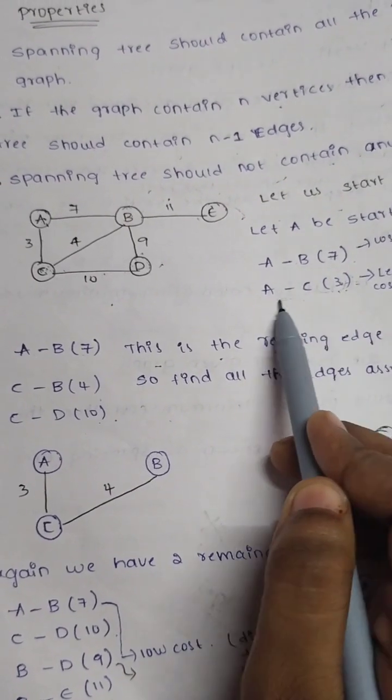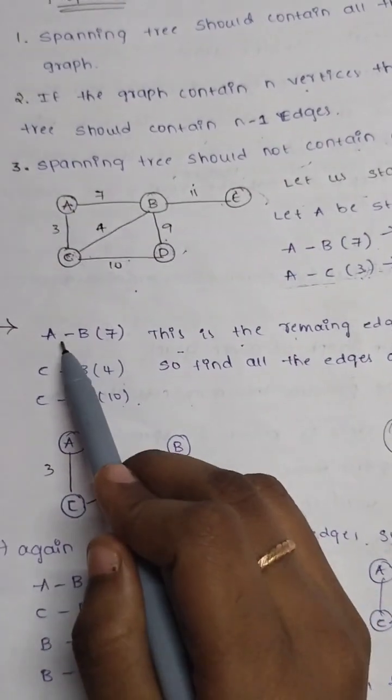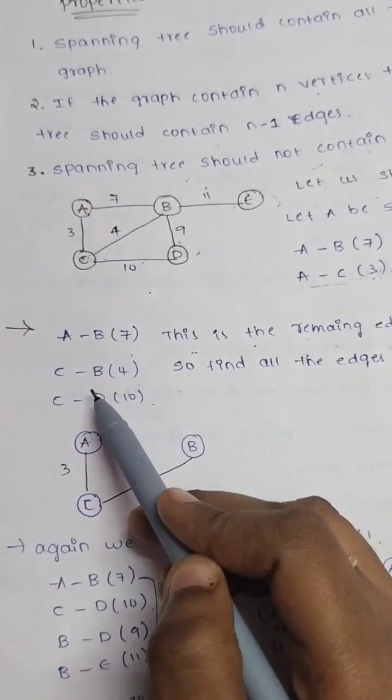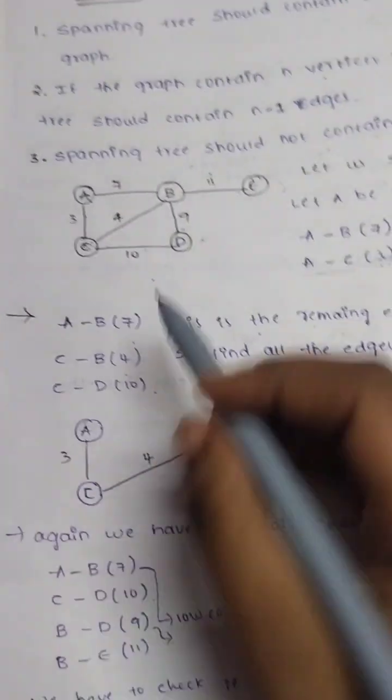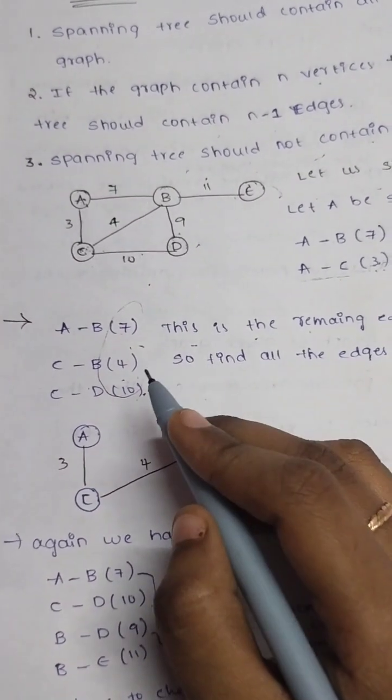So from C, the costs are C to B 4 and C to D 10. From these we have to select the minimum cost, the least cost.